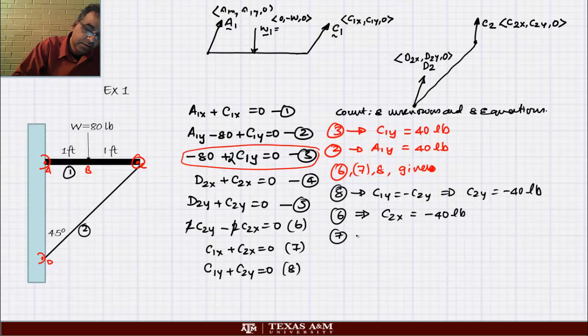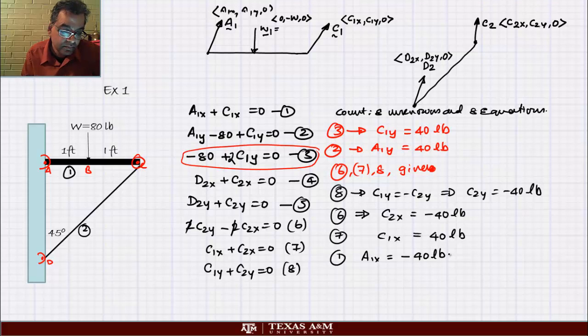Then from 7, C1x equal to 40 pounds. And then from 1, A1x equal to minus 40 pounds. And then from 4, D2x equal to minus C2x, which turns out to be 40 pounds.